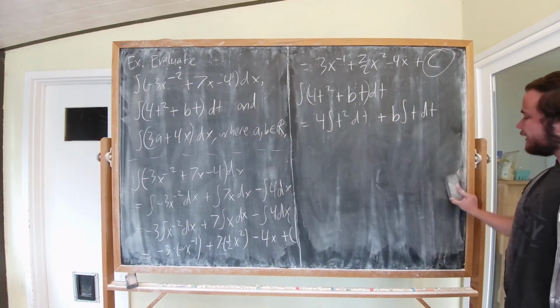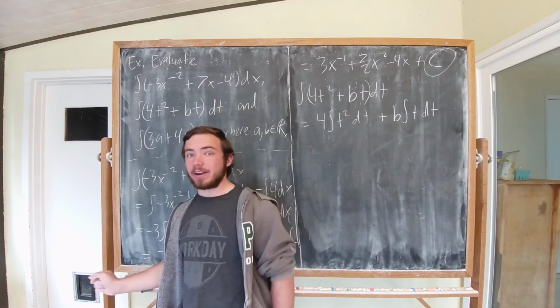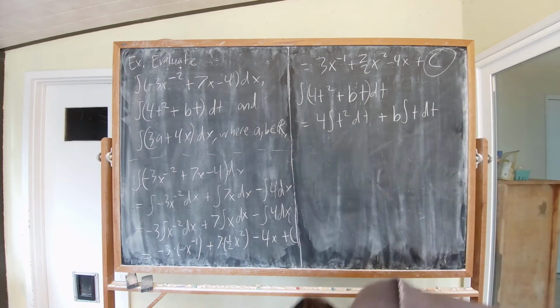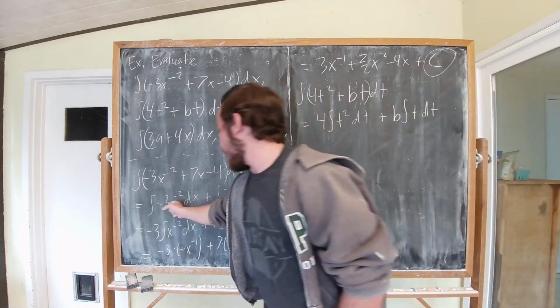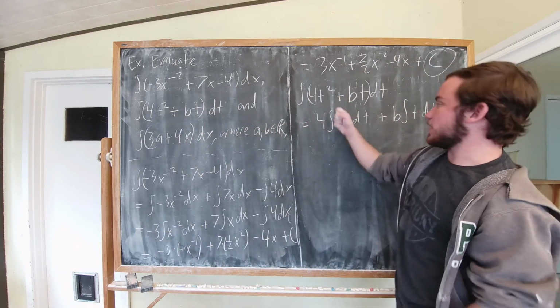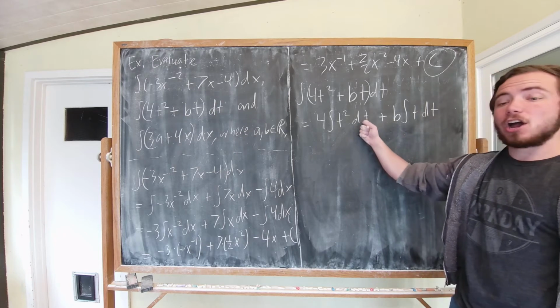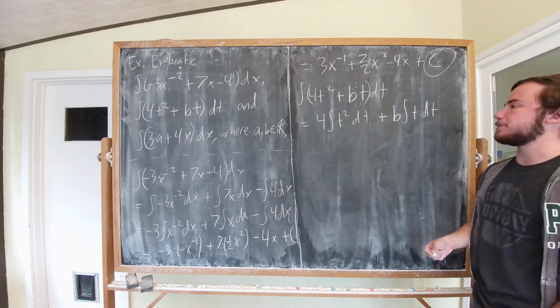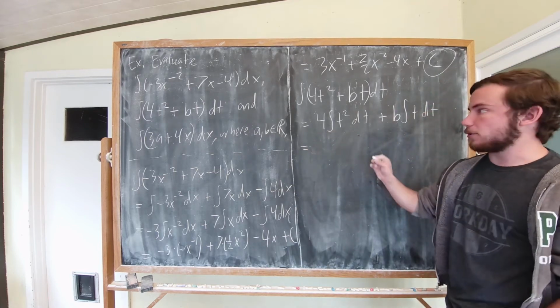The only thing you really can't pull out from an integral is the variable you're actually integrating, right? I couldn't pull an x out from here, or I couldn't pull this t squared out, right? Because those are not constants with respect to our variable of integration. So those actually have to be dealt with. Thankfully, these ones get dealt with by the power rule.